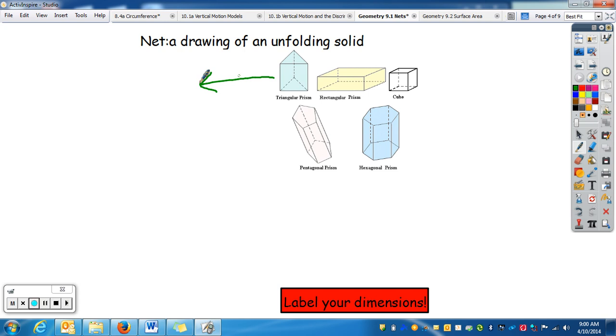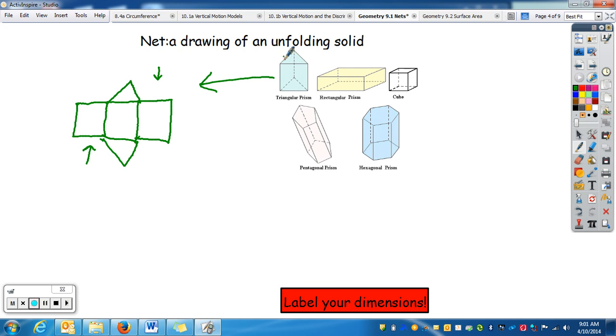I notice I have three rectangles, so I would draw three rectangles like so, and I would probably do a better job if I was doing it on paper. Then I have two triangles, like so. There's more than one way I could draw it. I could put the triangles in this position, or I could put one over here. As long as it folds up to be that existing shape, you should be fine.